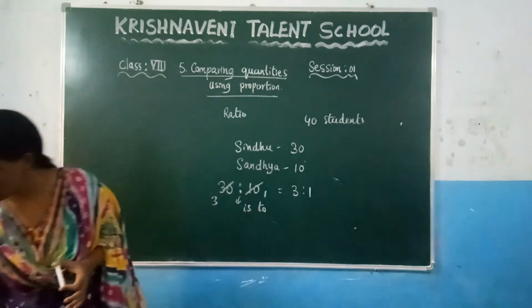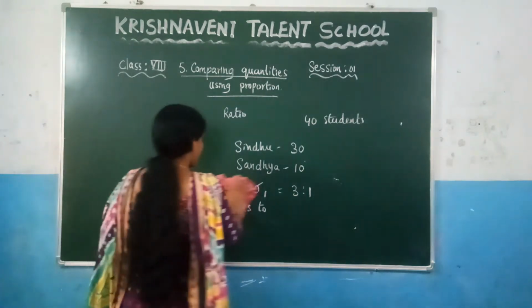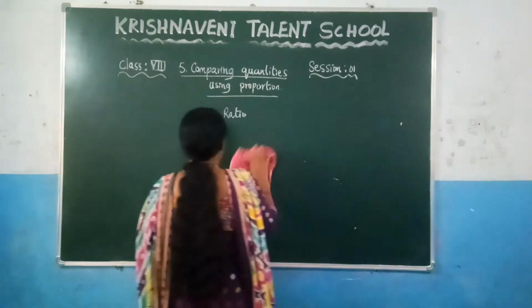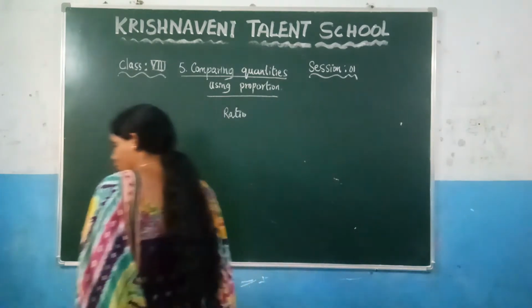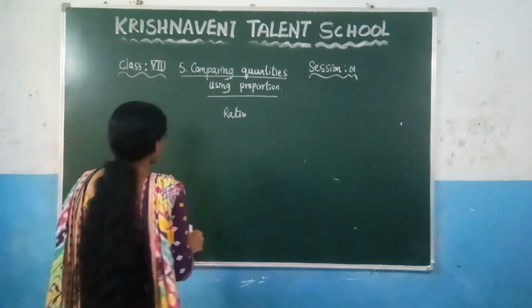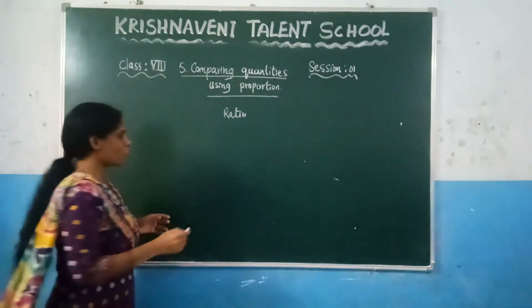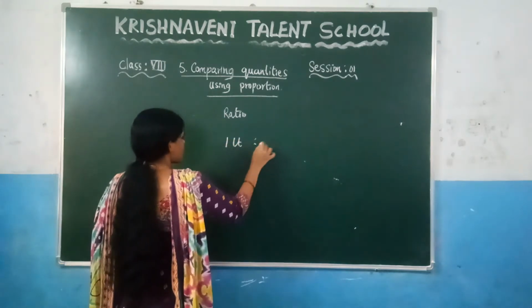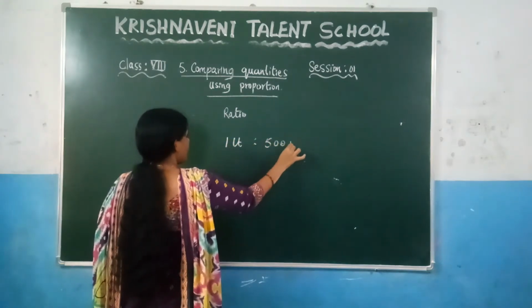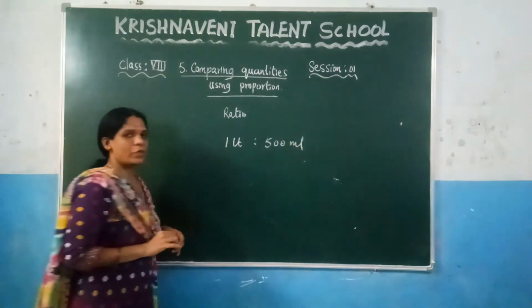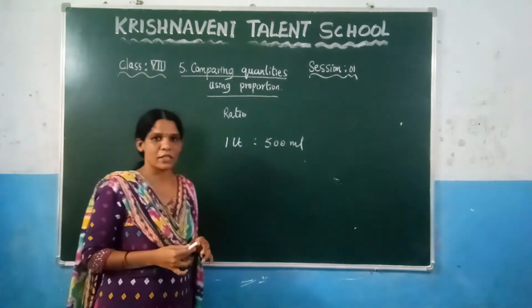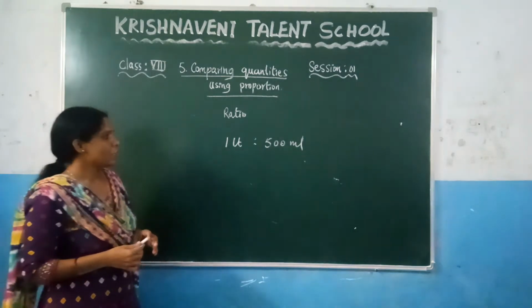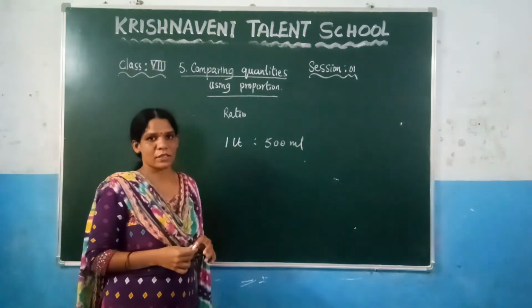Let us consider one more example. Suppose you want to find the ratio of 1 liter is to 500 ml. Can we directly divide these two values? No. Here you need to check the units first.